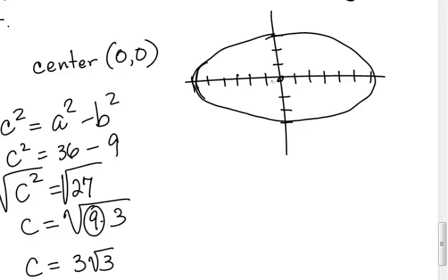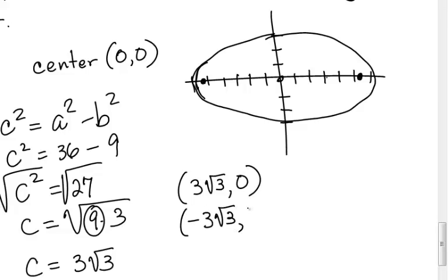Five point 2, so a little bit bigger than 5. So go out 5. 1, 2, 3, 4, 5. There would be a foci point here, and a foci point over here. So our foci would be 3 radical 3, 0, and negative 3 radical 3, 0.